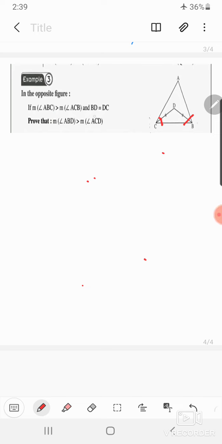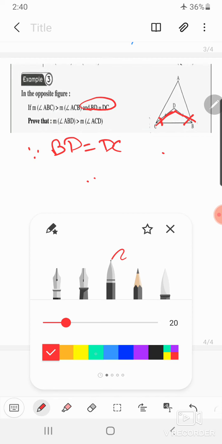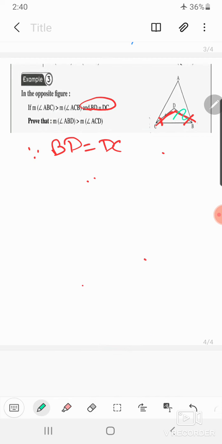And you have side equals to side, which is BD equals to BC. Of course, if I have side equal to side, so I will get the angle equals to the angle. Which angle? This part equals this part.